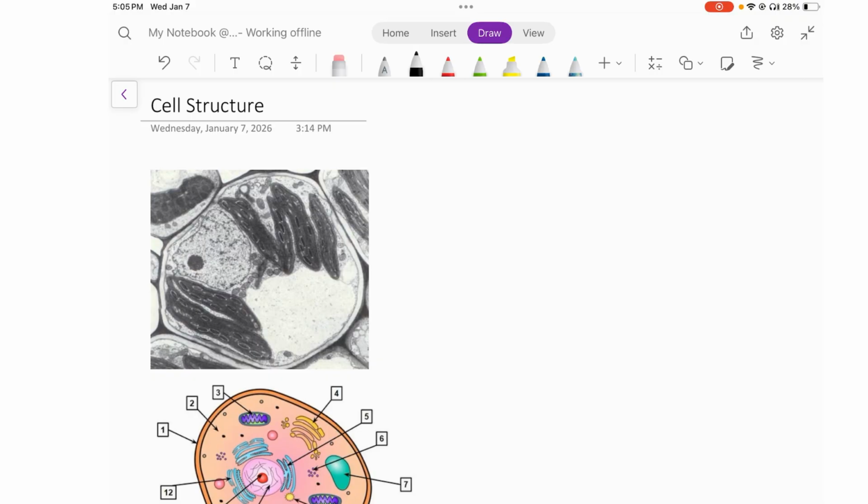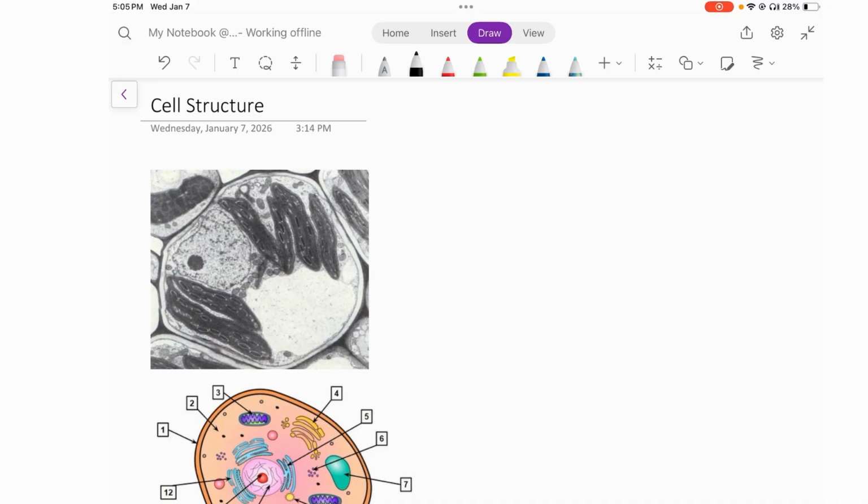Today we're going to be looking at the first topic of the CIE 9700 biology syllabus. And we're going to start with cell structure. So this topic seems pretty minor as compared to the other topics, but in reality it's the key to understanding the bigger concepts of bio.